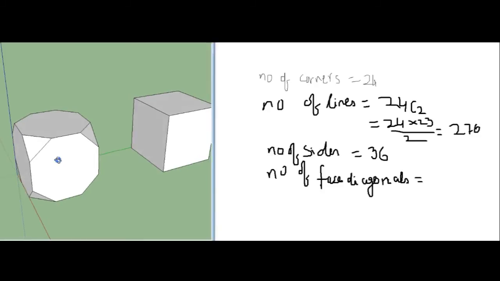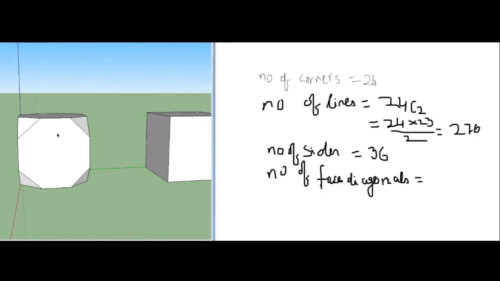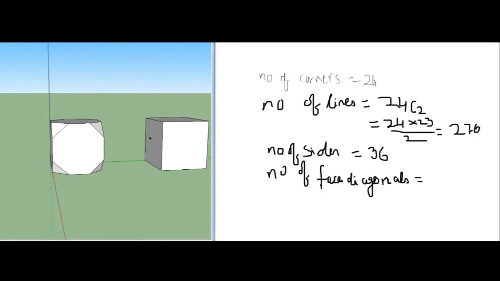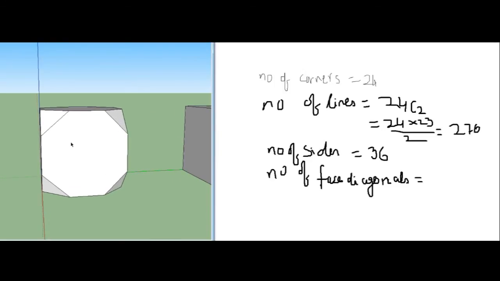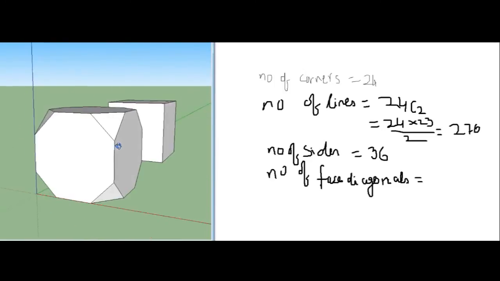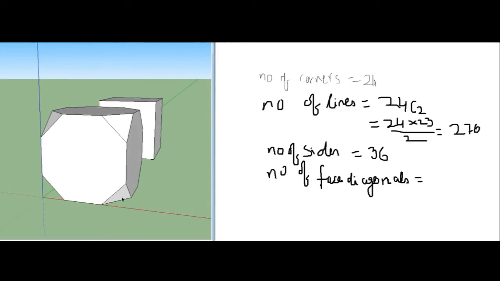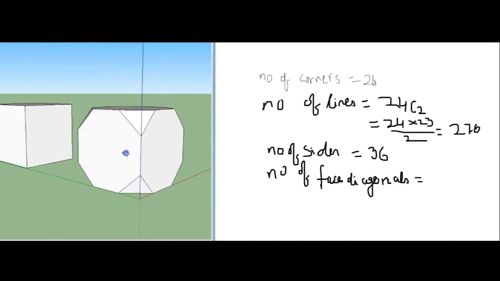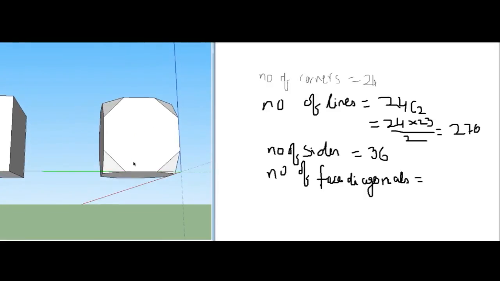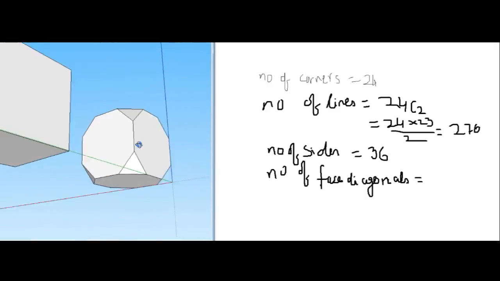In the original cube, each face is a square, but once you cut these equilateral triangles, can you see that each face is an octagon? 1, 2, 3, 4, 5, 6, 7, 8. So every face is an octagon, including the bottom face.